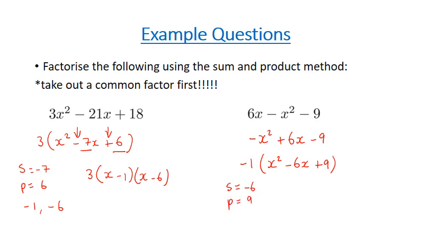I know, therefore, that I'm going to have two negative numbers that when you times together give me 9, but when you add give me negative 6: negative 3 and negative 3. Therefore, I've got negative 1 outside of my two brackets, and I can just put negative 3 and negative 3, or I can rewrite this as negative 1 outside of x take 3 all squared.